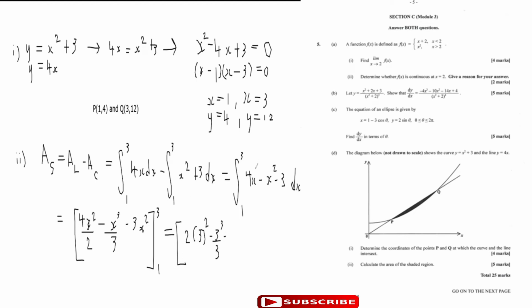Let me see, add 1 to the power 2 divided by the power, minus add 1 to the power 3 divided by the power 3 minus 3x. This shouldn't be a square. Where does 2 come from? I did not put it there. I don't remember putting that there. Minus 3 times 3.